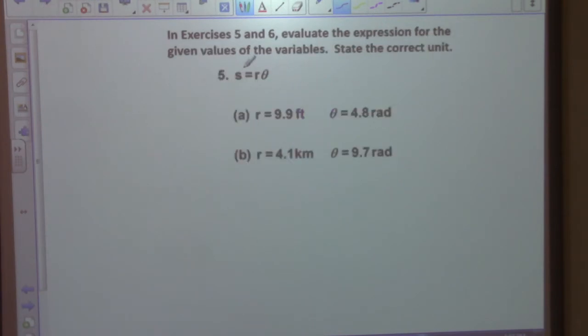It's this equation right here. This is the arc length formula. And the formula is S is your arc length. It's equal to the radius times angle.